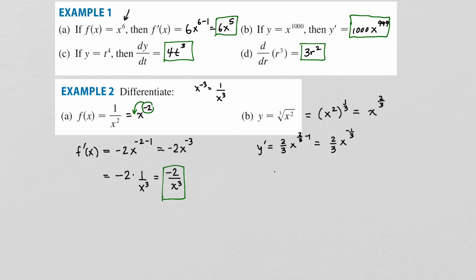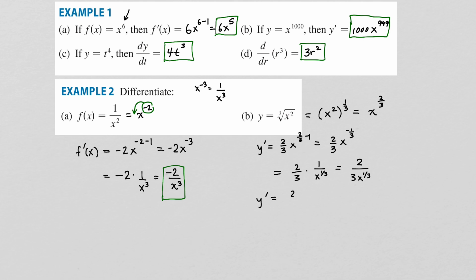And then just like in the previous example, I'm going to rewrite x to the negative 1/3 as 1 divided by x to the positive 1/3. And then multiplying these fractions straight across, we end up getting the derivative is 2 divided by 3x to the 1/3.